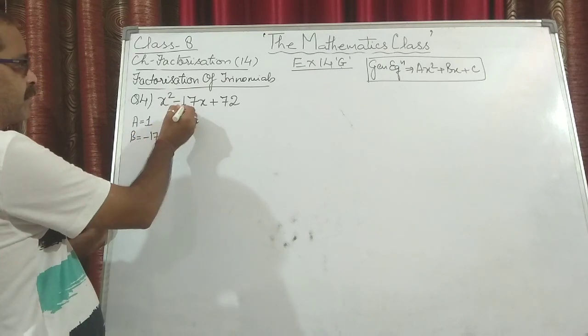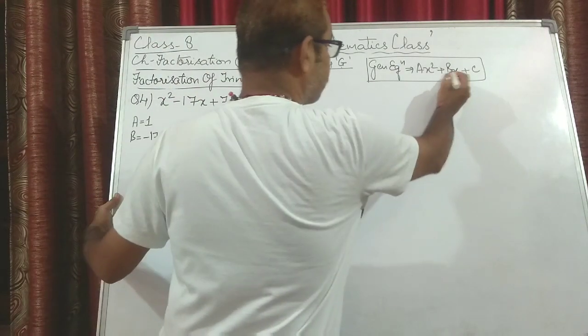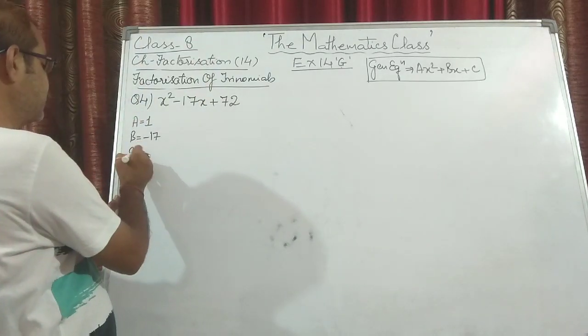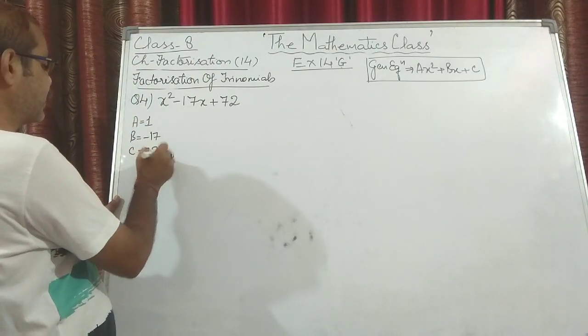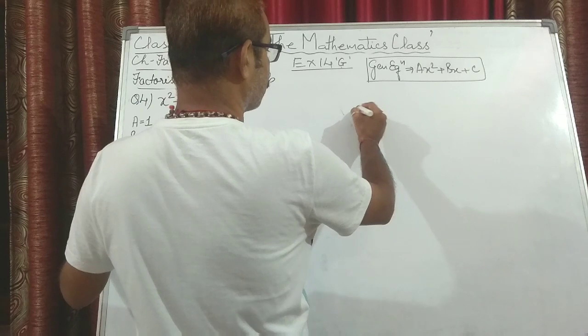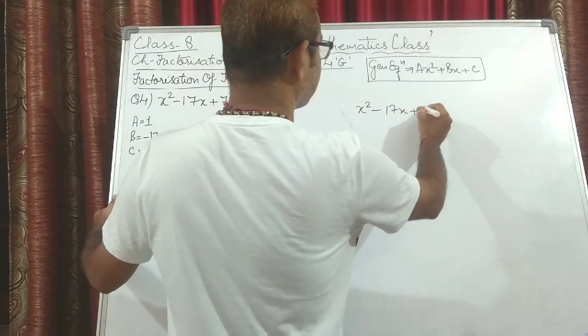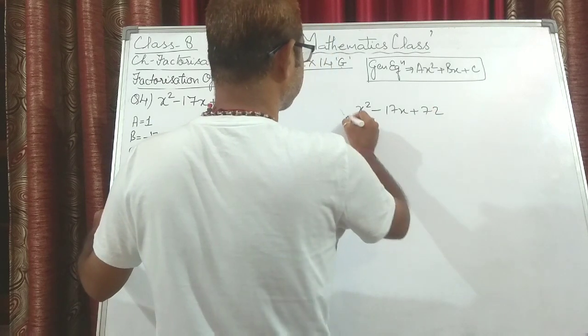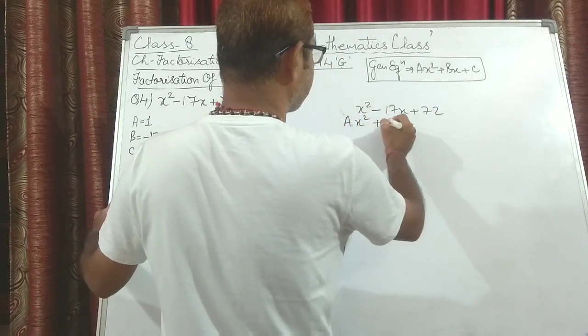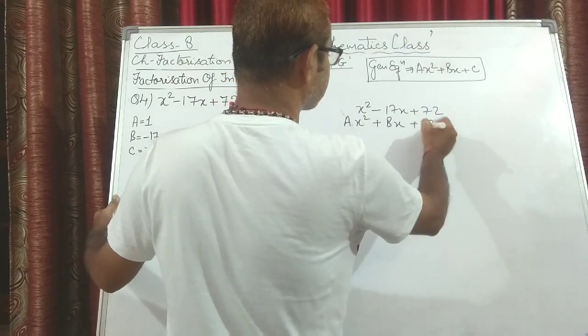Please note minus 17 because we are comparing with plus bx, and c is 72. I'll tell you how to compare. So x square minus 17x plus 72 has to be compared to ax square plus bx plus c.